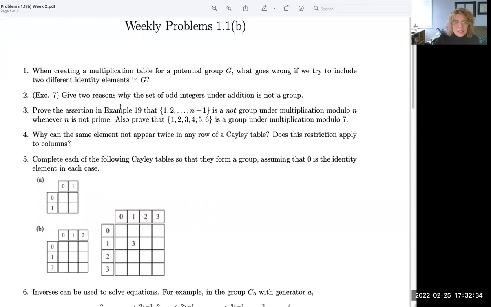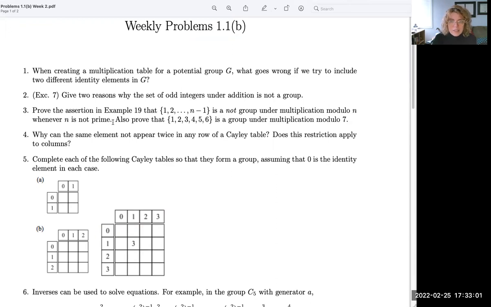Prove the assertion in example 19 that this set is not a group under multiplication modulo n whenever n is not prime. So here we're supposed to show that something is not a group. And to show that something is not a group, we just need to show that it does not satisfy one of the group properties.